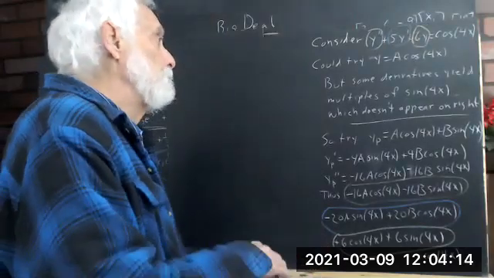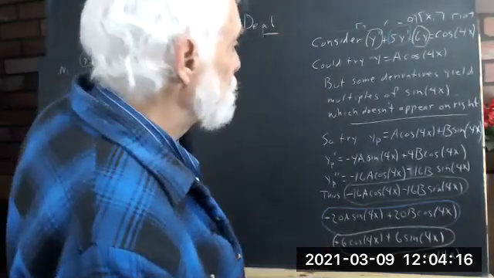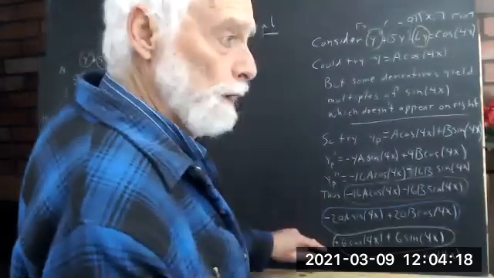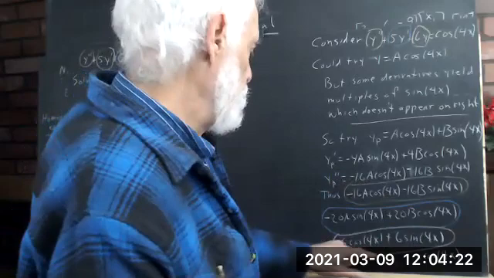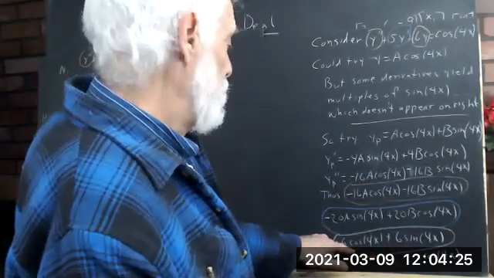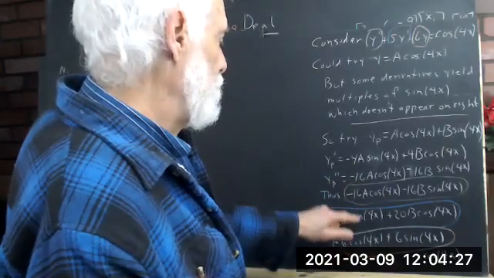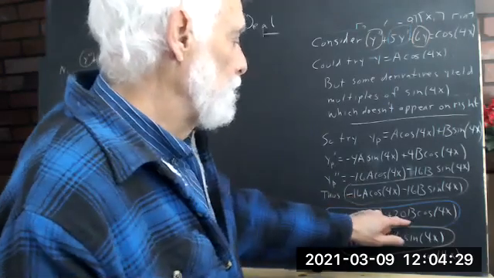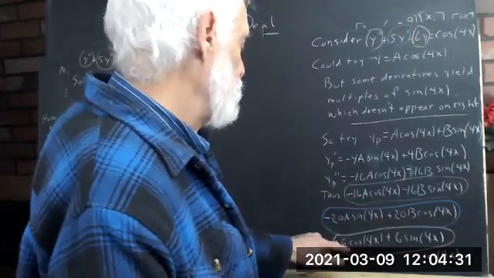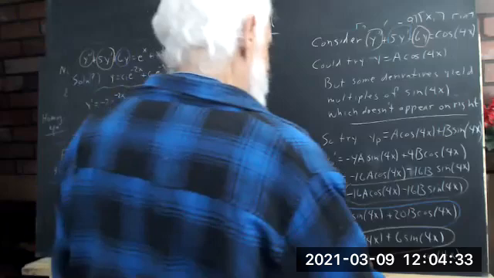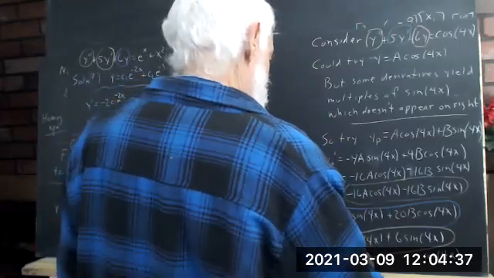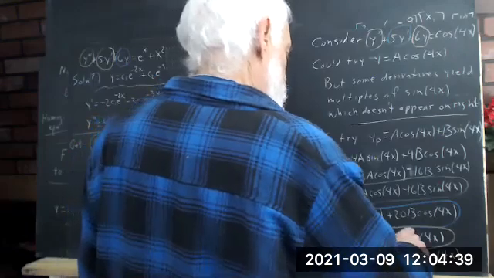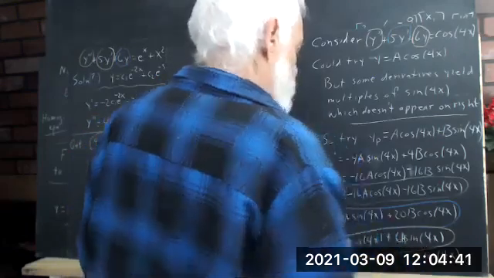Now, we just collect our terms, and we have a cosine of 4x here, we have one here, we have one here. And let's see, we have negative 16a plus 20b plus 6a. Careless, I put a skinny a in there and a skinny a in here.